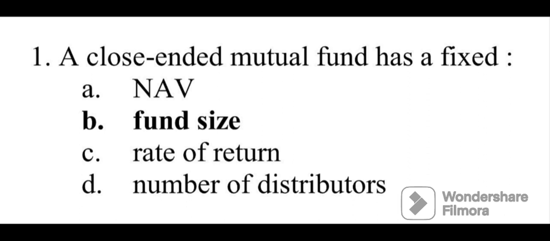Whenever the market goes up or down based on the underlying portfolio, the value of this NAV goes up or down. That's how you make money as an investor, right? So NAV cannot be fixed. In case of a closed-ended fund, they only collect the fund during the NFO period. So the initial invested fund will always remain the same.